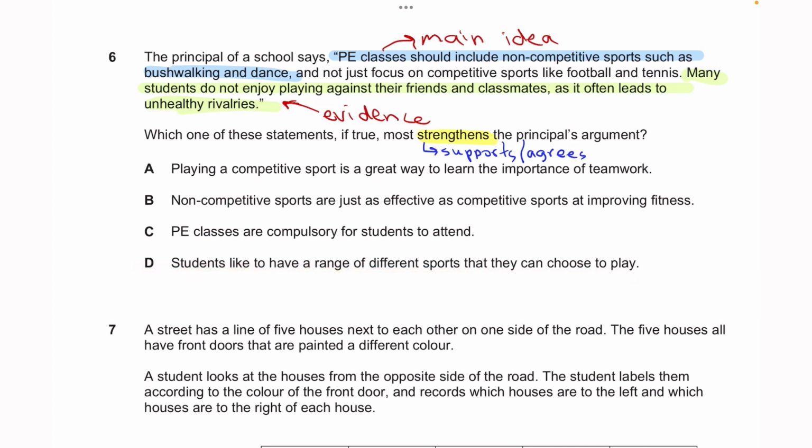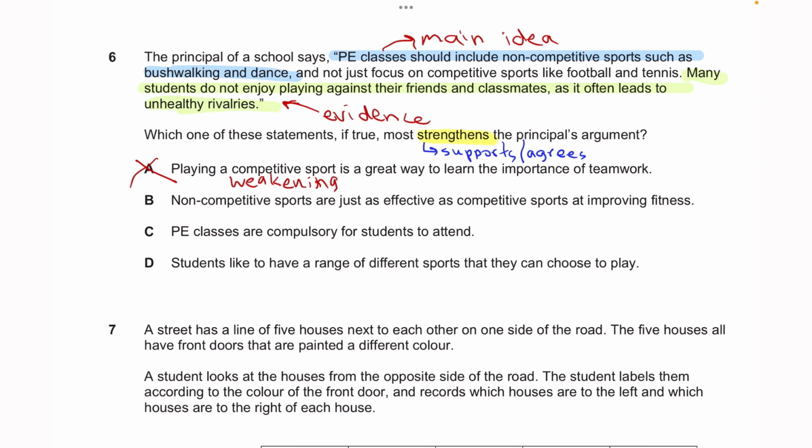If we have a look at our options, let's do a process of elimination. A, playing competitive sports is a great way to learn the importance of teamwork. A is incorrect because it goes against what the principal is trying to say. This is actually a weakening argument because it talks about the positives of playing a competitive sport.